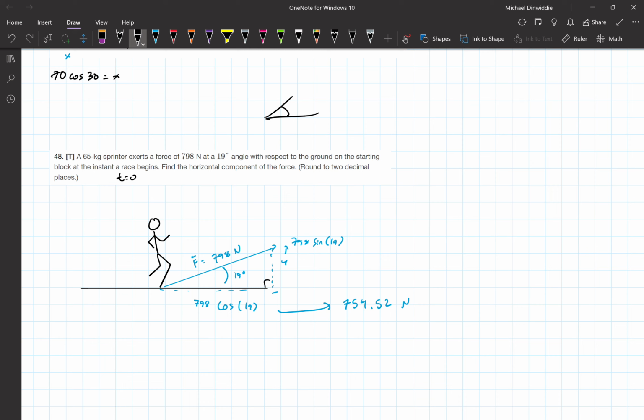And if we took the magnitude of this vector, the square root of 798 sine 19 squared plus 798 cosine 19 squared, this will end up equaling 798, which is the length, the scalar quantity magnitude of that force, which means, hey, we did it.